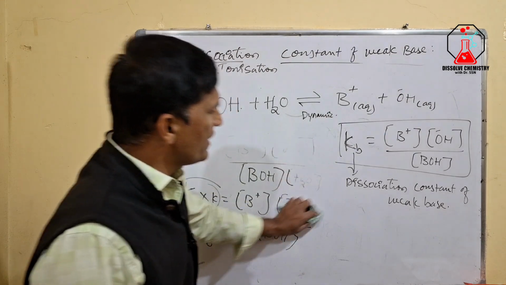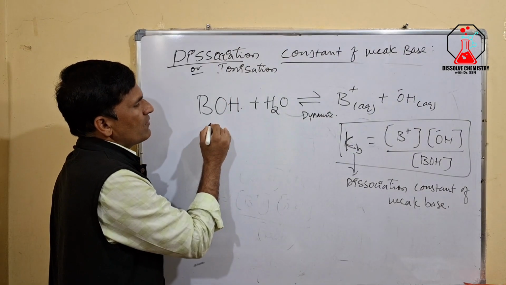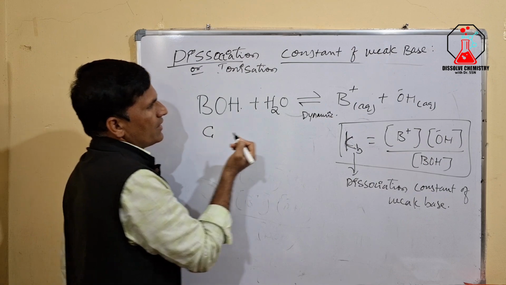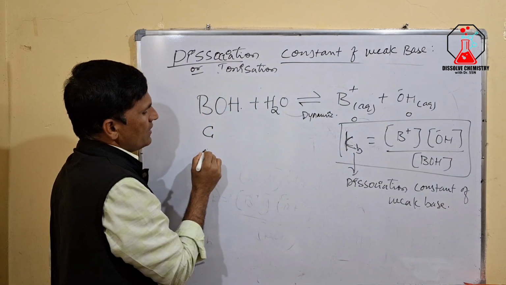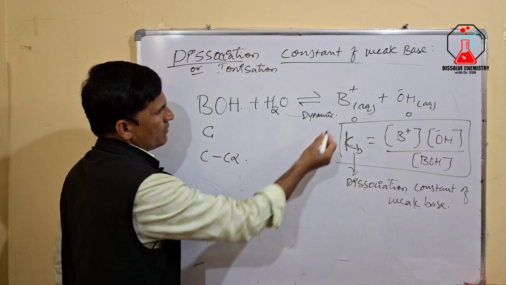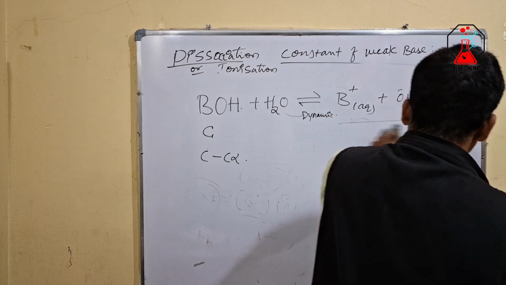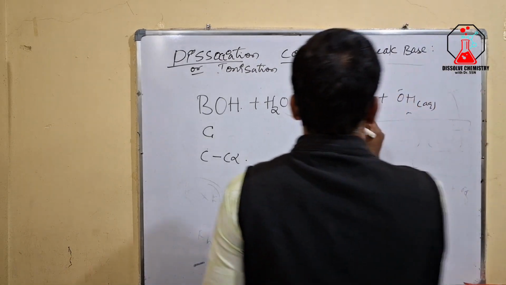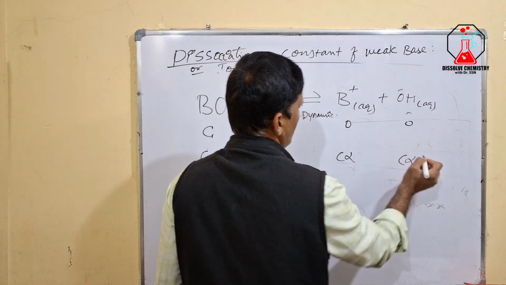Similarly, we will find the degree of dissociation of the base. For the same equation, the initial concentration you take as C, and 0, 0. At equilibrium you find C minus C alpha, and B plus and OH minus as C alpha, C alpha.